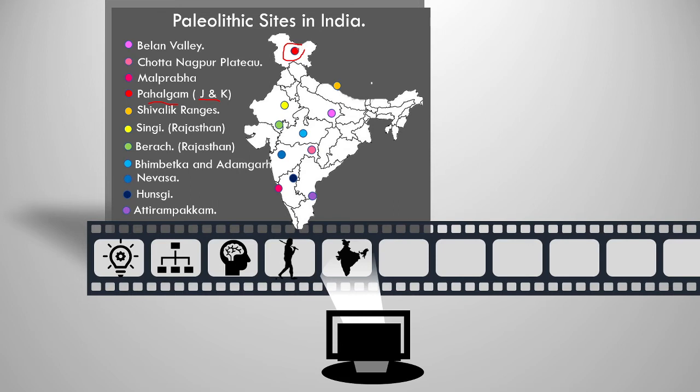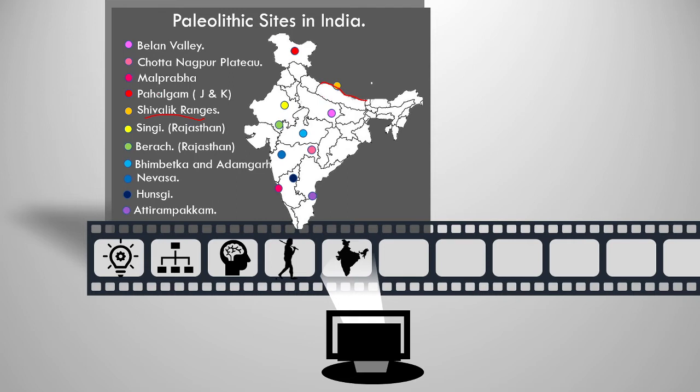Not in north, not in south, not in east, not in west, but situated in the center. Next is Shivalik Range. The Shivalik Range is situated near the Kanchenjunga ranges in East India.